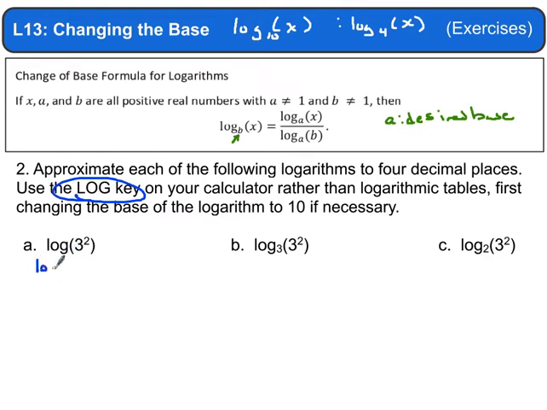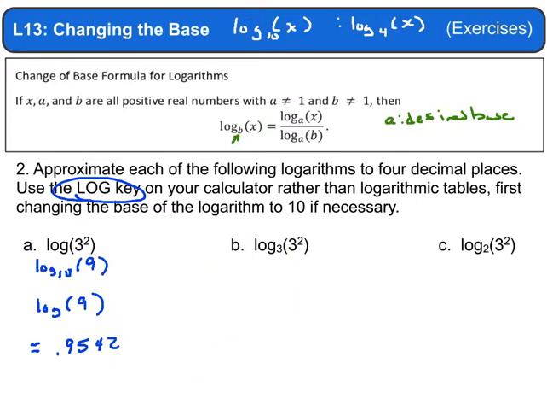There's no base written underneath there, so we assume it to be a 10. 3 squared is 9. So since it's already a base 10, we could just type into our calculator log base 10 of 9. So we type in log, press 9, press enter, and to 4 decimal places, this is approximately 0.9542.